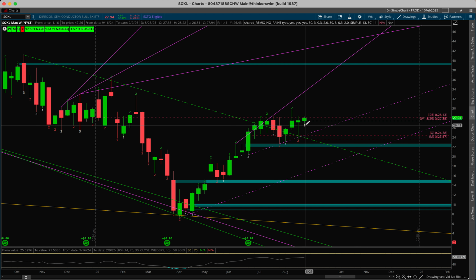Say tomorrow's a sideways day, and then there's a negative reaction to NVIDIA's earnings. We could find ourselves back down here towards the lows of last week, threatening the flip of the quarter and the month, flipping them red, obviously flipping the week red. Which will put us in full time frame continuity to the downside, actually, right? Which would give the bears momentum.